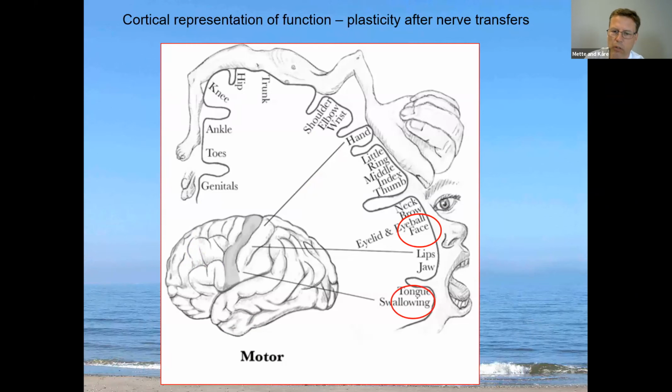So if you do a 12-7 nerve transfer, then there will be far between the two cortical representations, whereas if you do a 5-7, you will actually be closer, and that has a lot to say when you talk about plasticity in the cortex and how the patients can actually train their facial movements after repair. So that kind of anatomy you also need to know. And that is actually what I had to say to start with. So thank you.